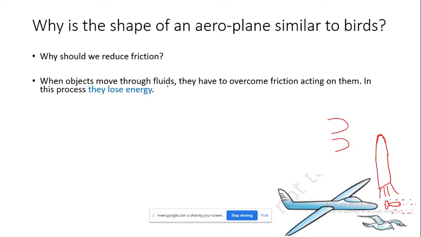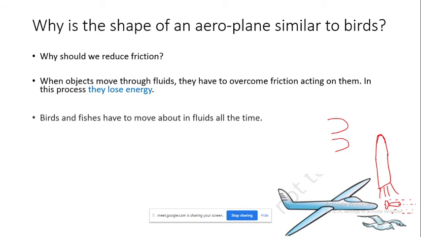So when objects move through fluids, they have to overcome the friction. So in this process they lose energy. Opposing friction, they need some energy. So their fuel is getting reduced in an attempt to overcome this friction. So they lost their energy.